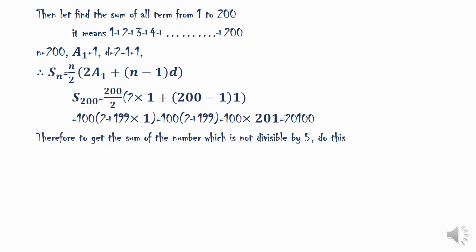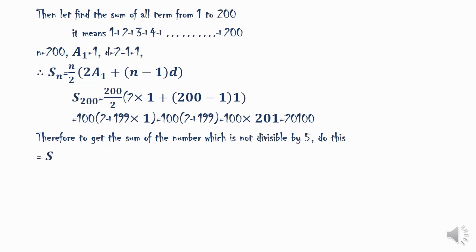Kwa hiyo in order to get the numbers which are not divisible by 5, you must take the sum of all terms, that is 1 up to 200, minus the sum of the numbers which are divisible by 5, as you see there.